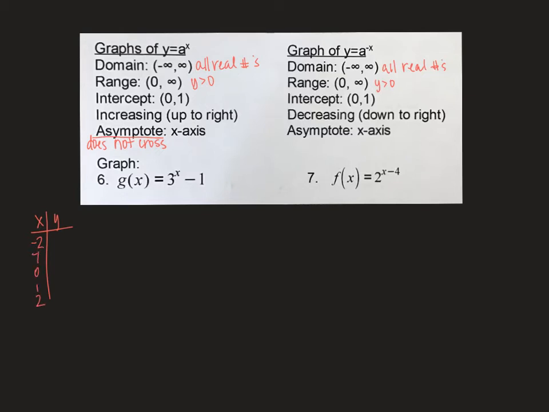And when I plug those in, 3 to the negative second is going to give me that 1/9. Minus 1 is going to give me -8/9. 3 to the negative 1 is going to give me 1/3.